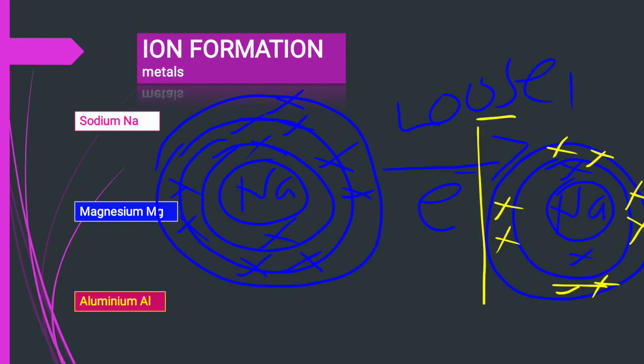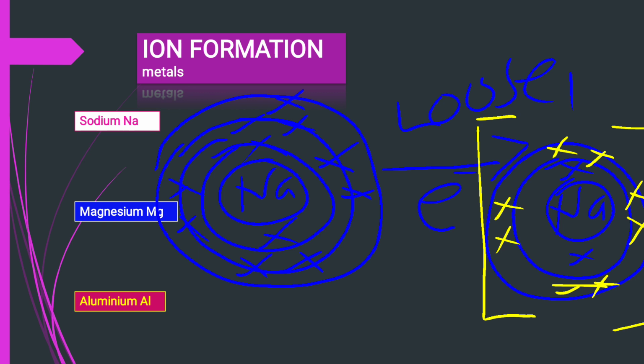And then we will have this in brackets like that, so that now we can say that it has become positively charged, and it is positive 1. But then we can ignore the 1 because the positive itself means that it has a charge of positive 1. I hope you understand what I mean.